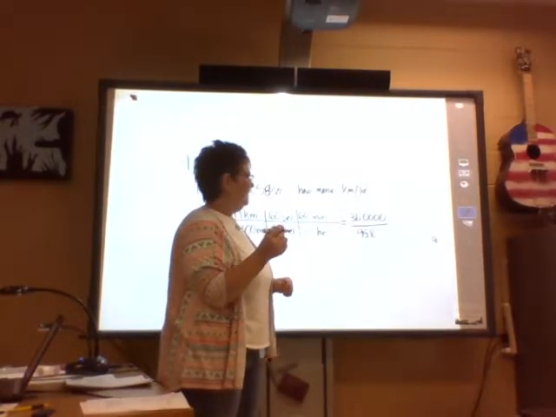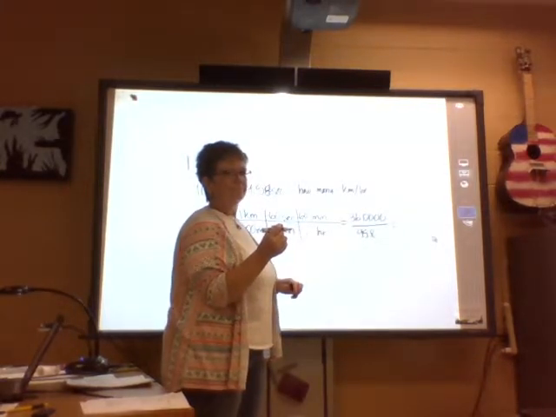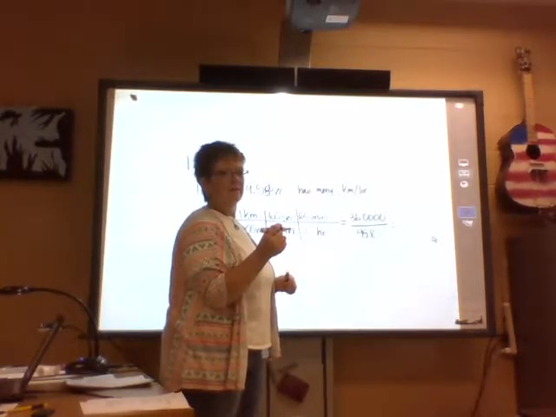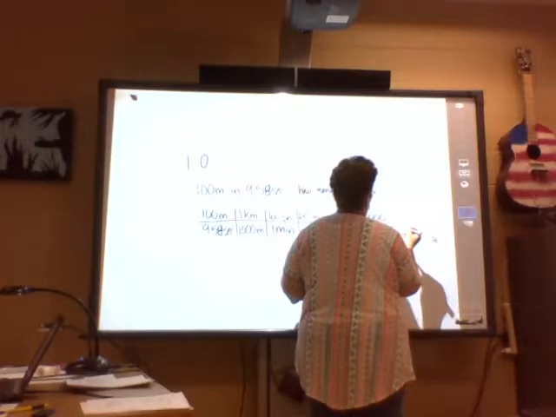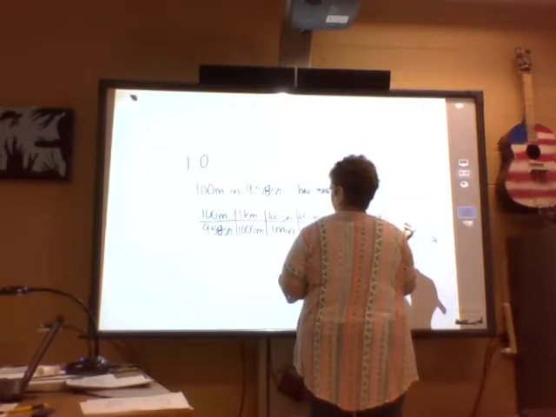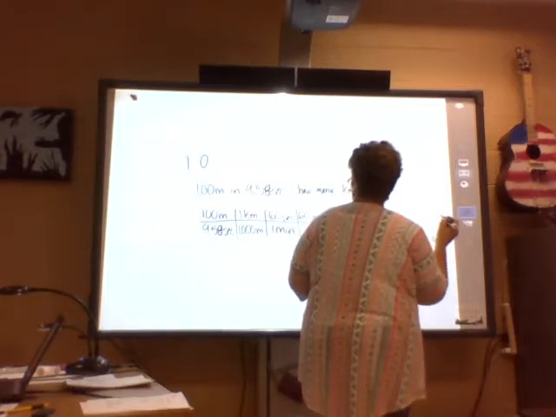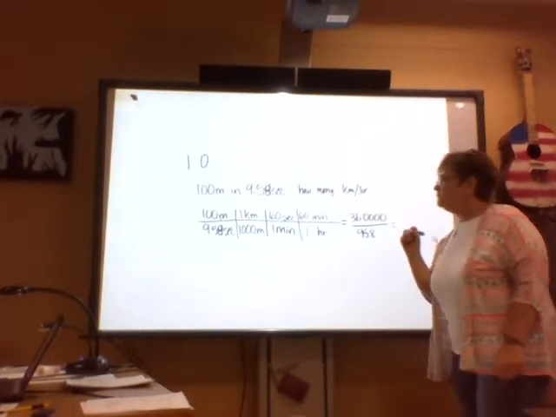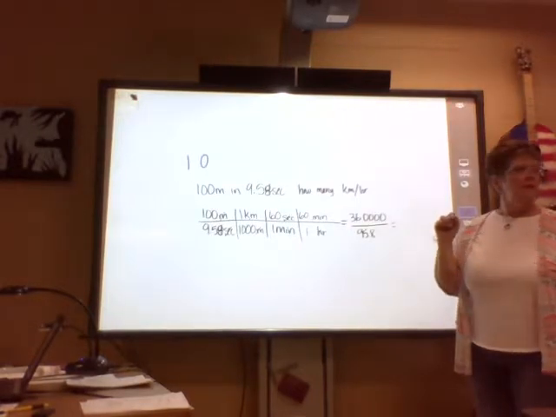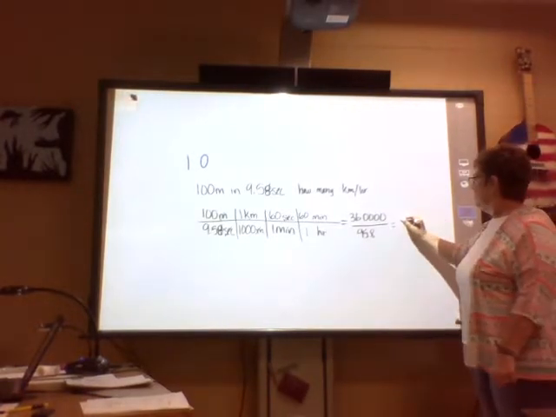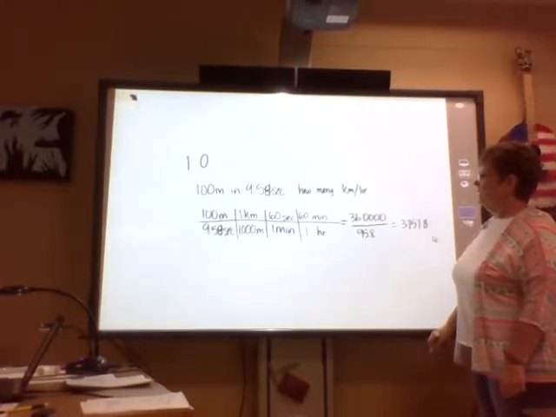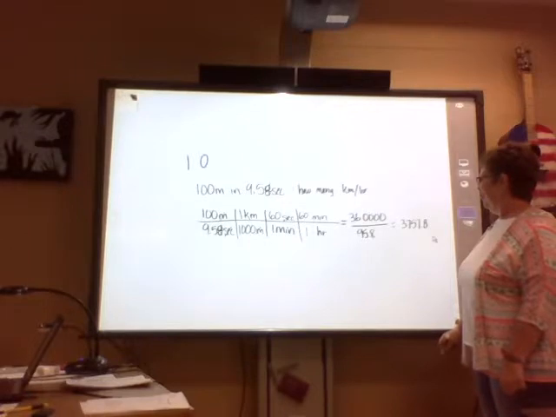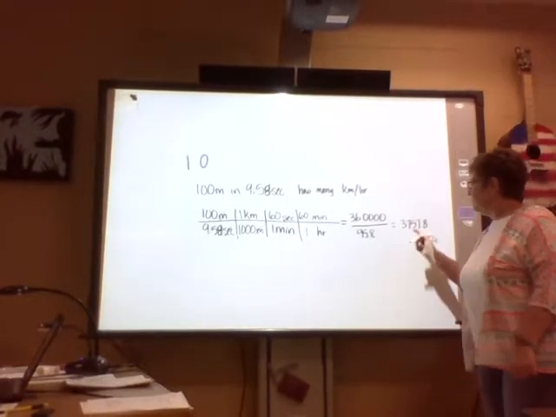3, 6, 0, 0, 0, 0 divided by 9.58. Someone else needs to calculate. I don't know how to do it. Did I put the points in the right spot?